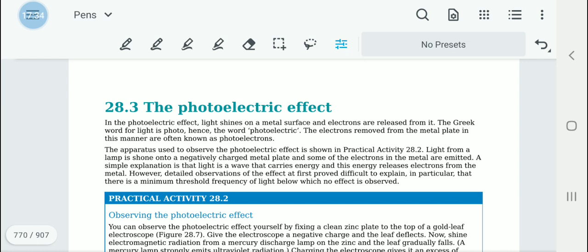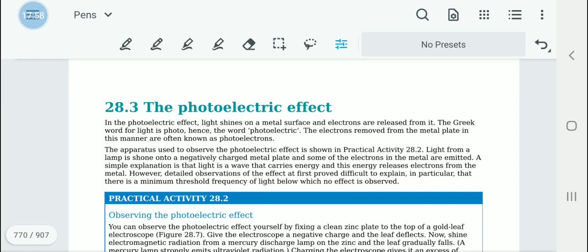We can observe this photoelectric effect, and we are going to discuss that in the practical. We shine light onto a negatively charged metal plate, and we see that some of the electrons of the metal get emitted.